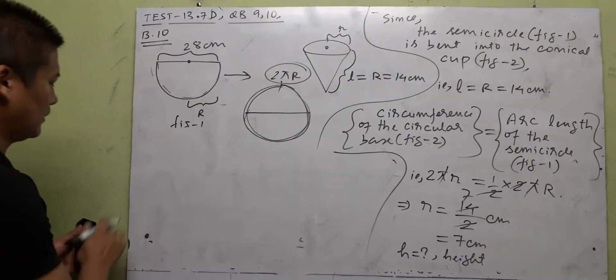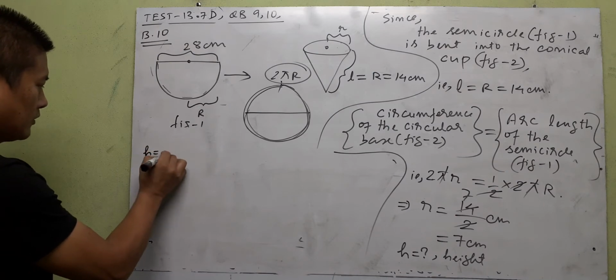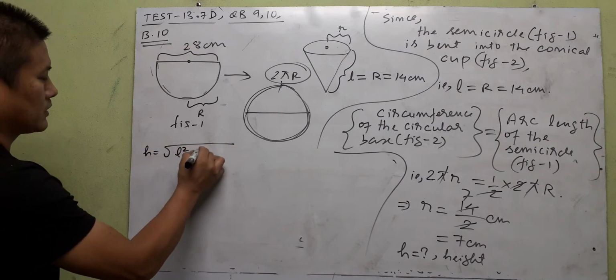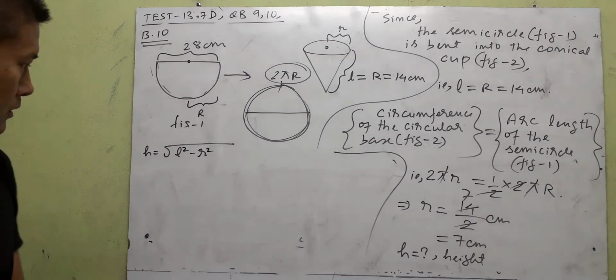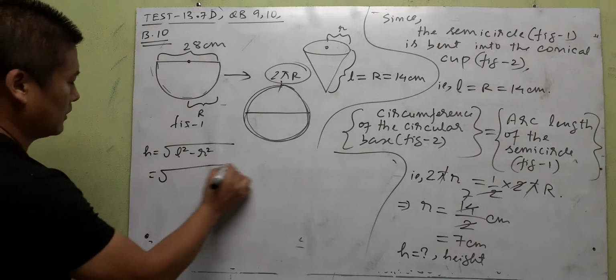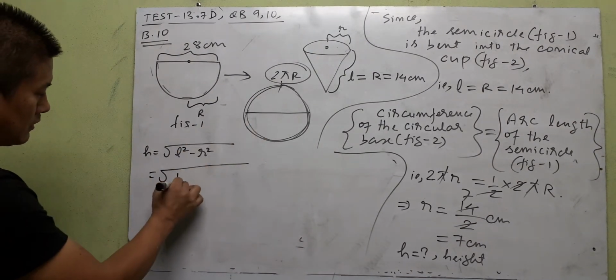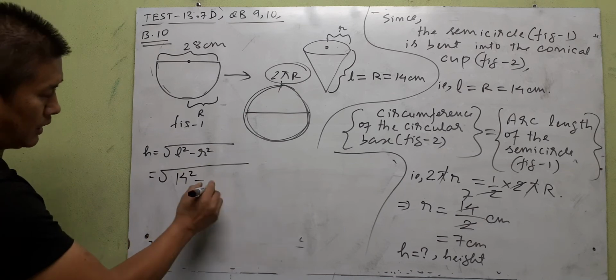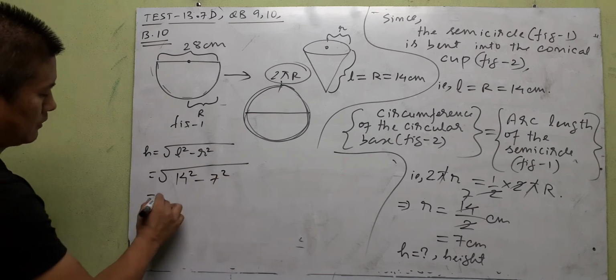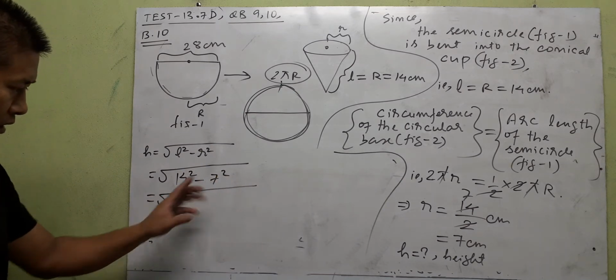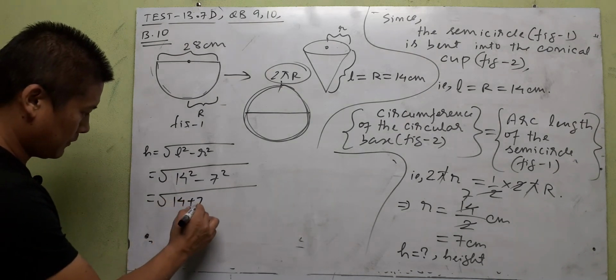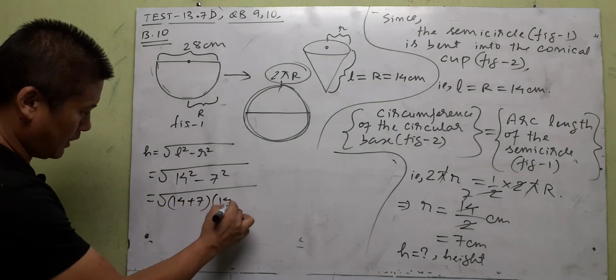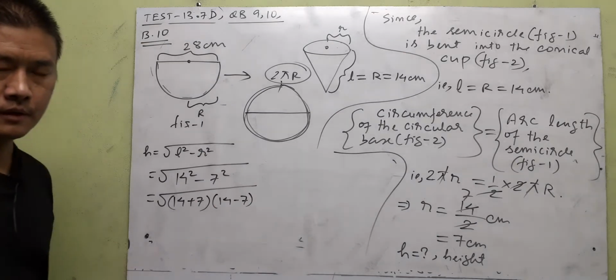So we write here, H is equal to root over L square minus r square. We know the formula. So next, root over L is 14 square minus small r, which is 7 square. Applying the formula for a square minus b square, we get a plus b into a minus b.